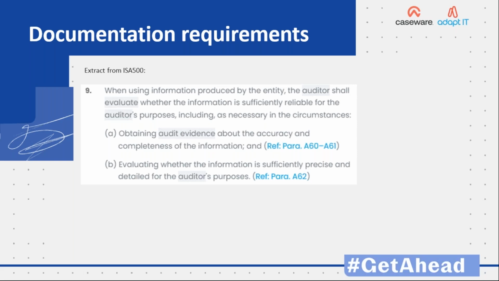So information produced by the entity, by your client, will be the audit evidence. And it's all about the accuracy and completeness of the information. It should be sufficiently precise and detailed for you to comply with that extract of ISA 500.